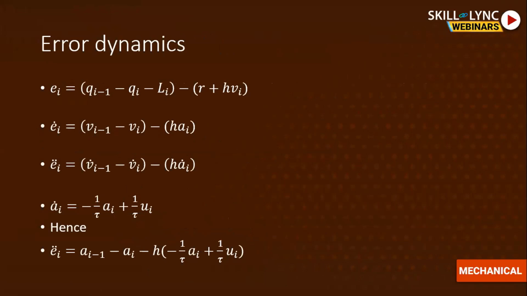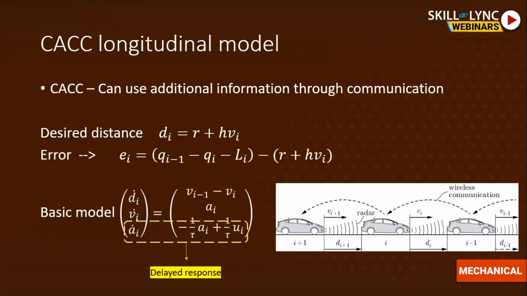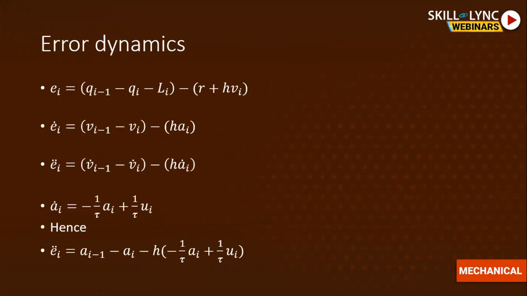Now, the error dynamics are the derivatives of the errors I defined here, which we need to stabilize in order to get the control action. I will go through this set of equations quickly. So error, and the derivative of error, where q_i dot becomes velocity and v dot becomes acceleration.